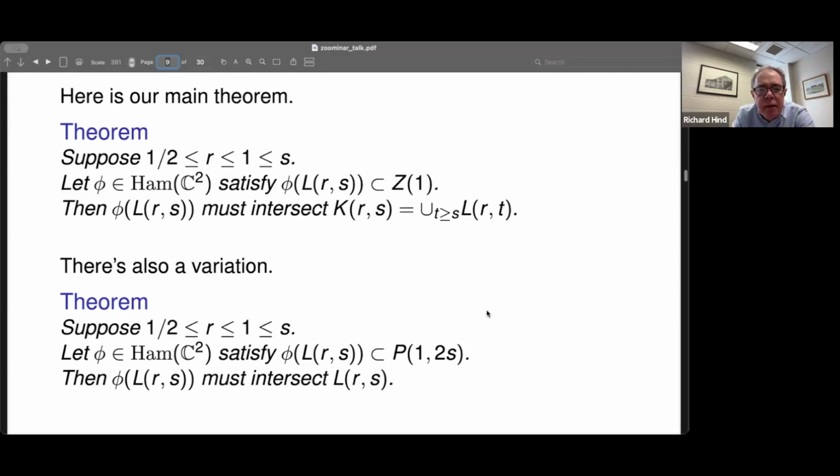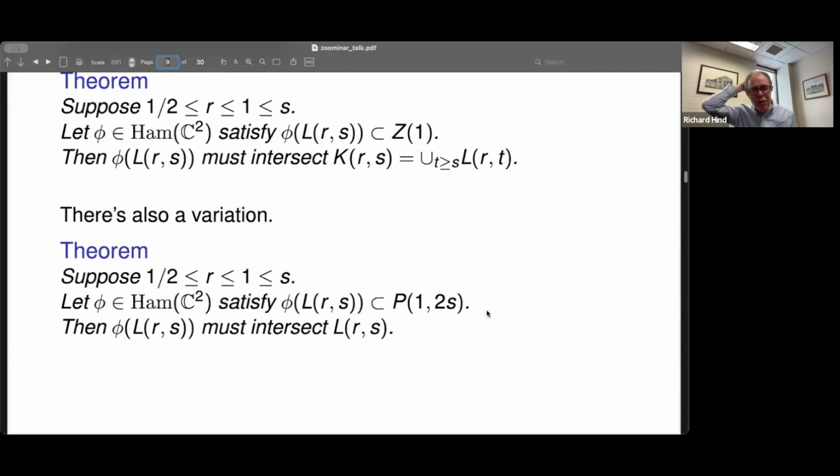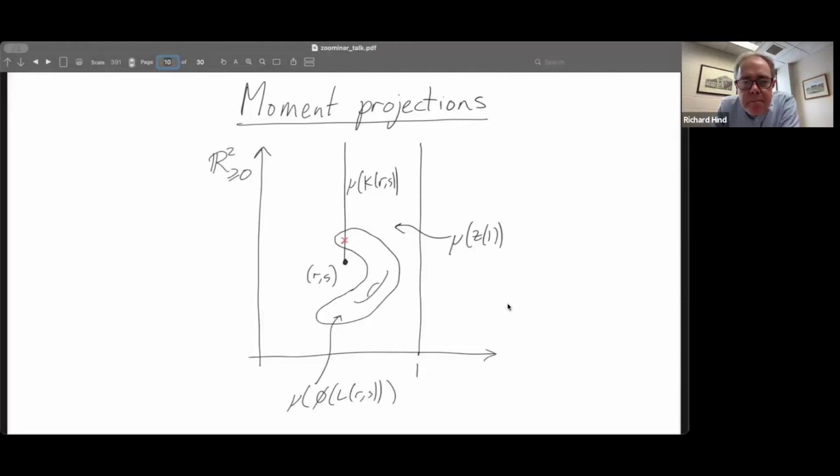All right, and then this is a picture. This is what would happen if you took the moment map projection of everything. The cylinder is just this vertical strip. The Lagrangian LRS projects down just to the point in the middle here.